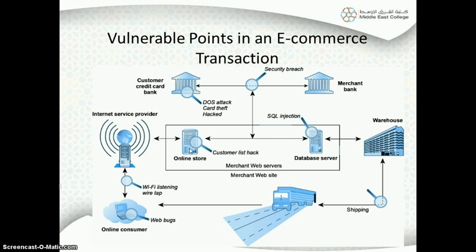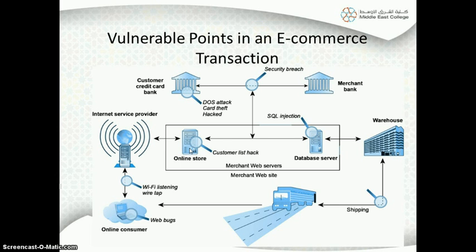Between the customer's credit card or debit card bank and the merchant, there is a security breach from where the customer's information can be leaked.